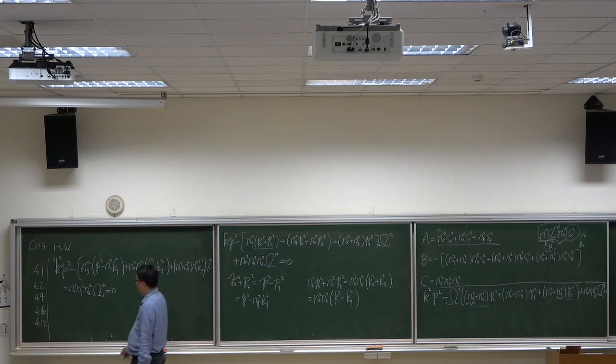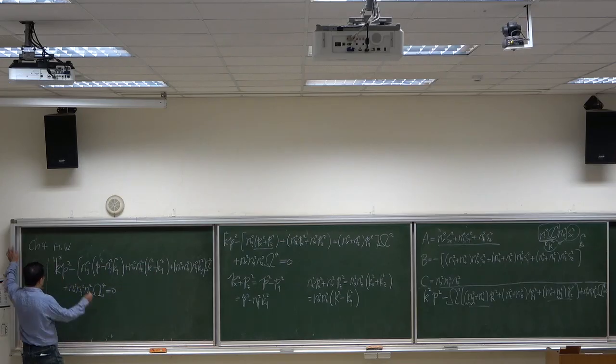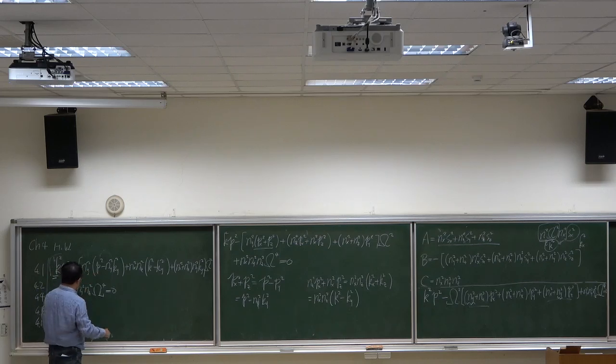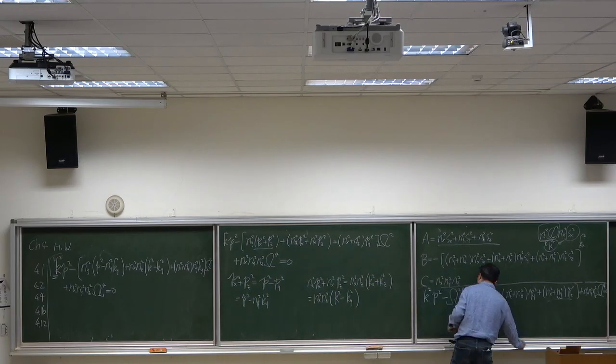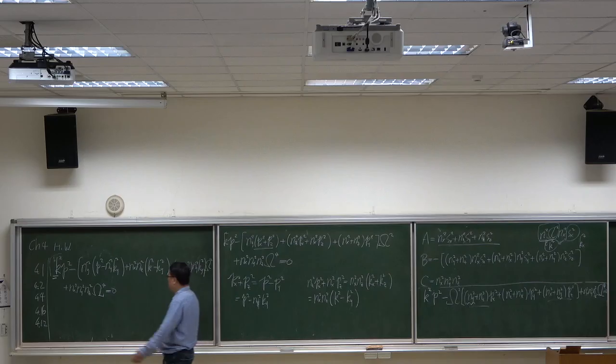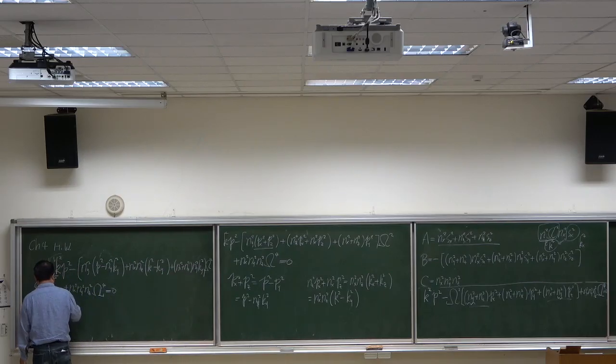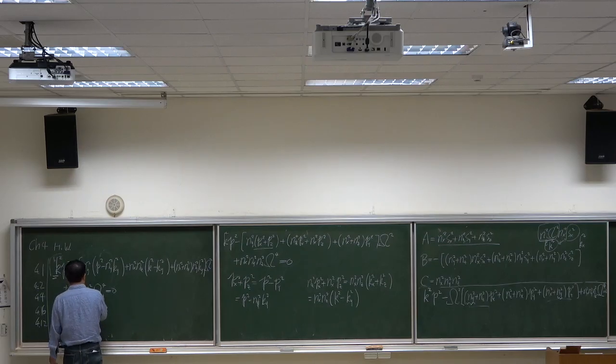So you see here, k squared, let me write one more line. So this means k squared p squared minus p squared ny squared omega squared. Okay.